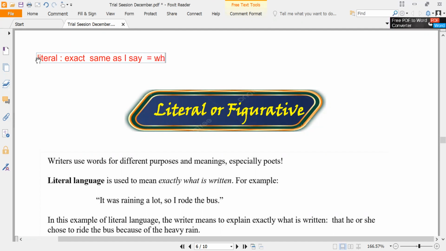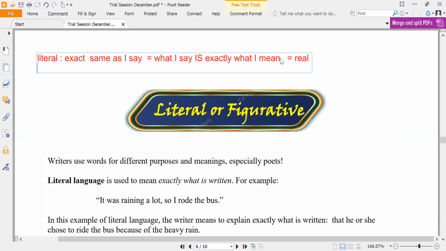It means what I say is exactly what I mean. So if I said I am angry, it means exactly I'm angry. I'm hungry, it means exactly I'm hungry. If I said the weather is perfect, it means exactly the weather is perfect. So this is what we mean by literal language. So we can name it real language.